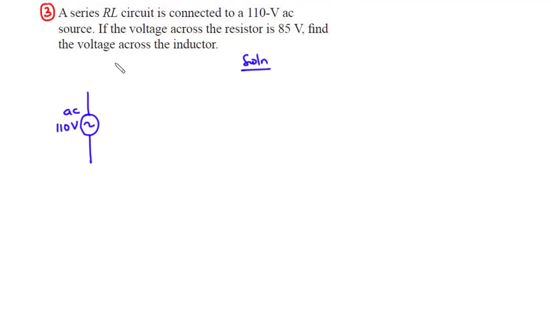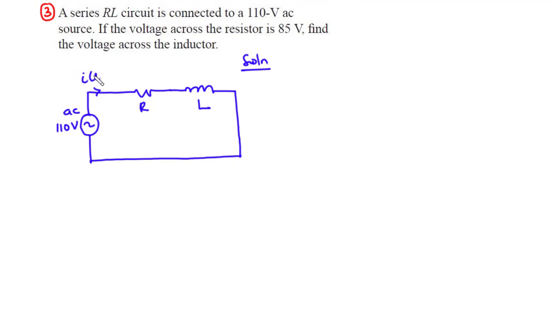Now because this is a series RL circuit, the resistor is connected in series with the inductor.